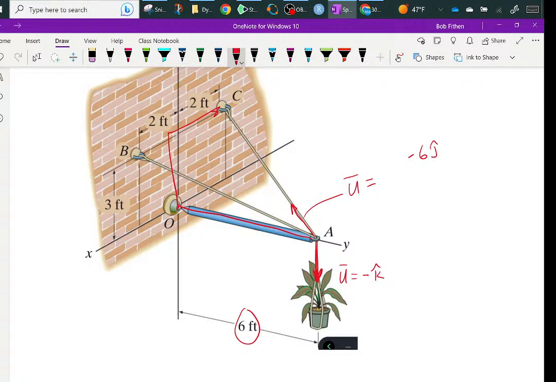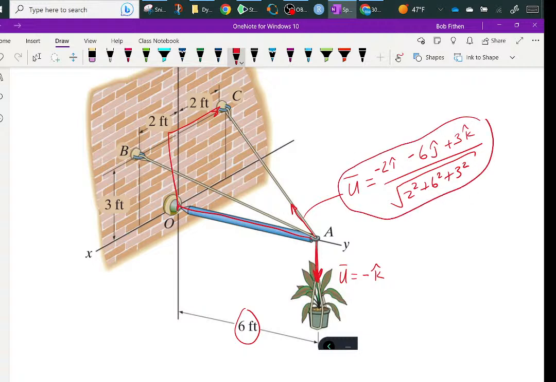I'm going to go back to I, and I'm going to go up 3k. And then the unit vector is 2 squared plus 6 squared plus 3 squared. So in other words, this is the vector that takes me from A and goes back to C.